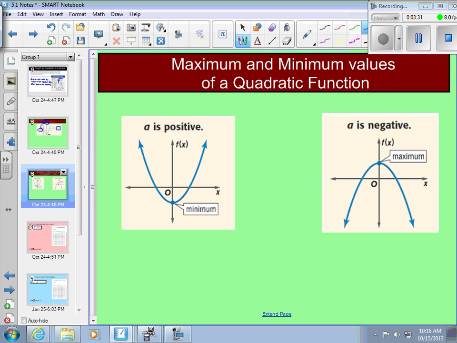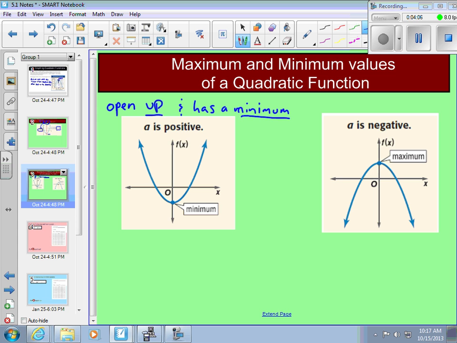Some other things you should know about quadratic equations or parabolas is the maximum and minimum values. The parabola is going to open up and has a minimum when A is positive.